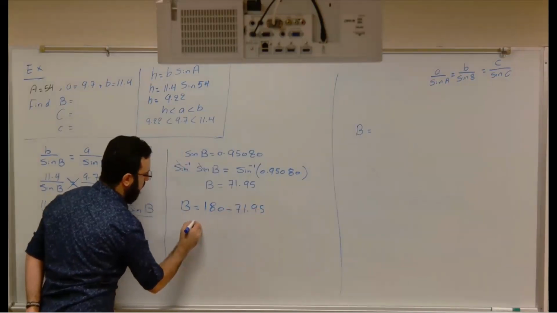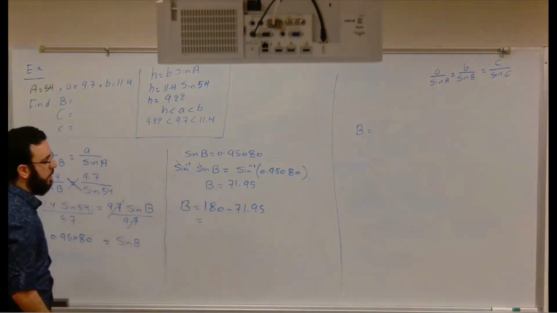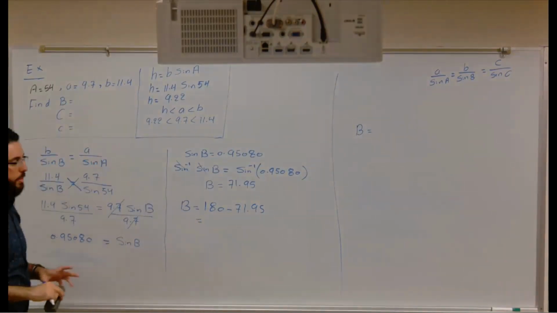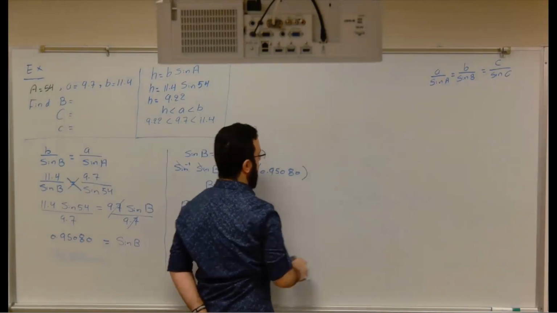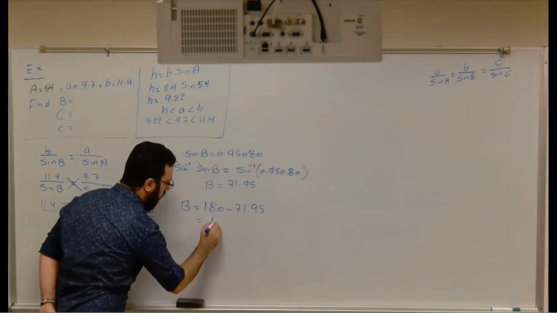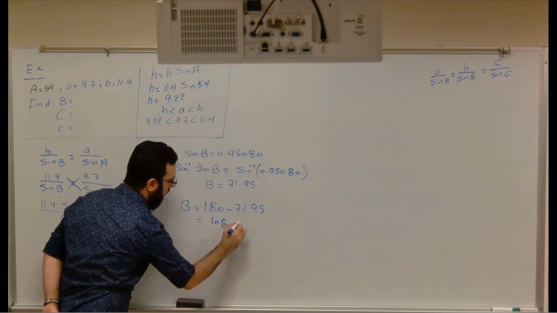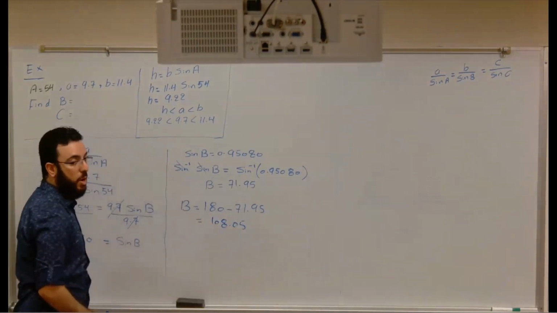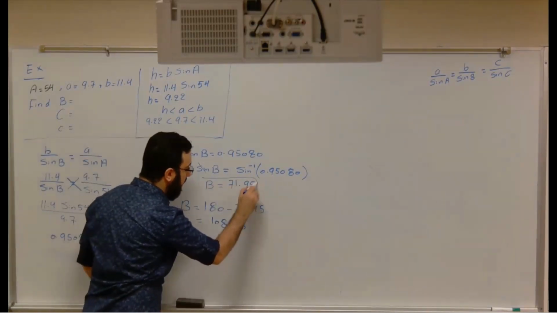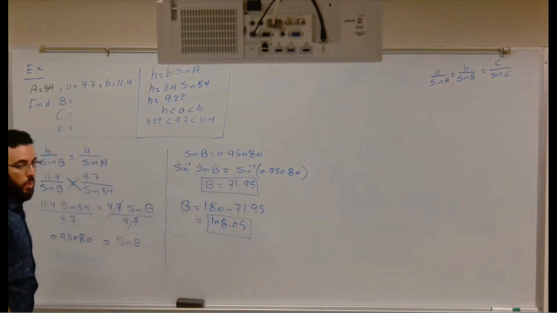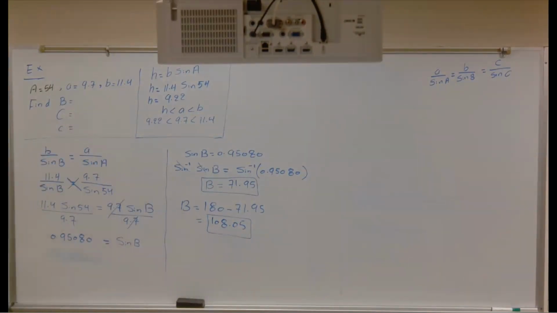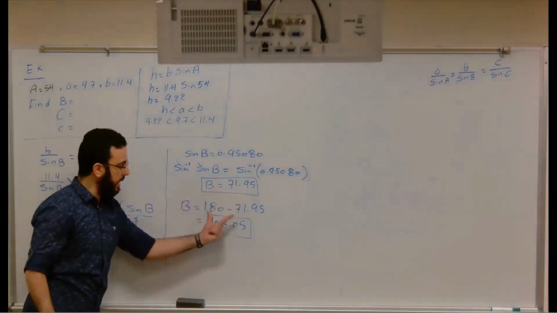So how much is it going to be? 108.05. That means how many B do we have? This is the first possible, and the second B is going to be 108.05. How many triangles do you have? You have two triangles. Here is the first one, and here is the second one.